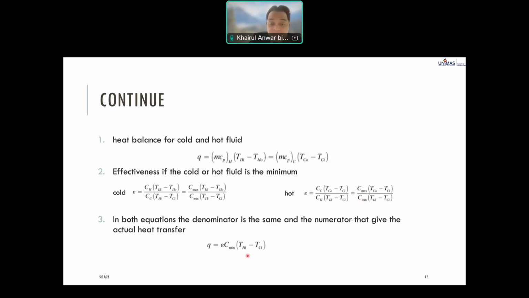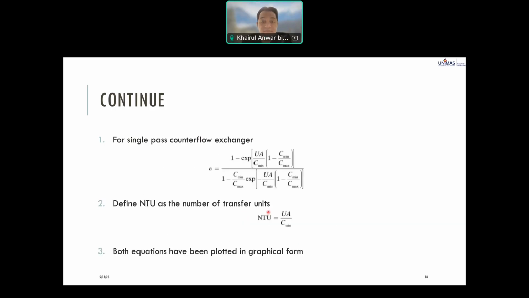Epsilon C means THI minus TCI, but the numerator is different based on whether it's cold or hot. For a single pass counterflow exchanger, epsilon is equal to 1 minus this equation, where A is area and U is the overall heat transfer coefficient.